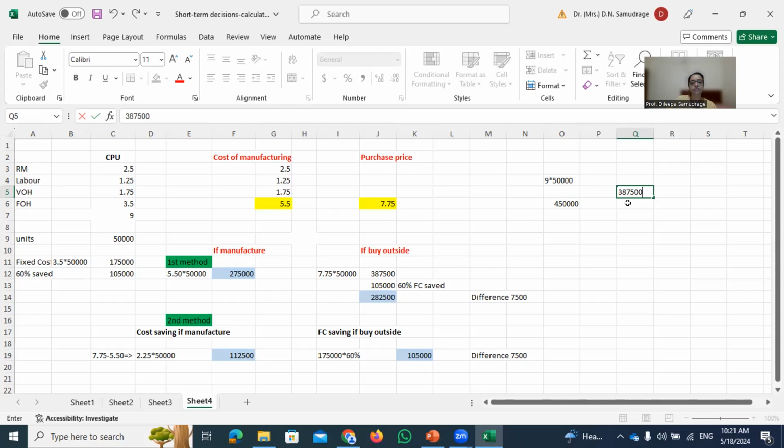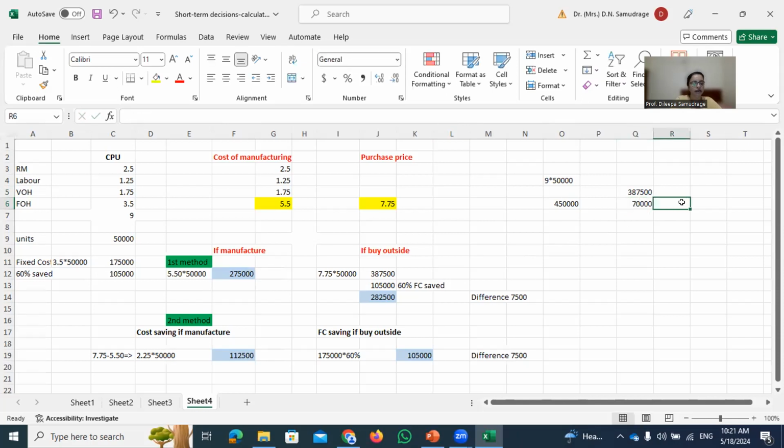So 40% of the fixed cost is how much? The total fixed cost is 175,000, and 40% of that is 70,000. So we have to add that one, 70,000.